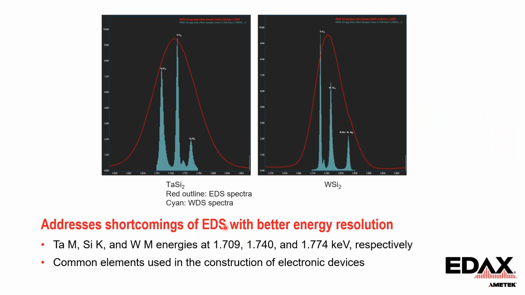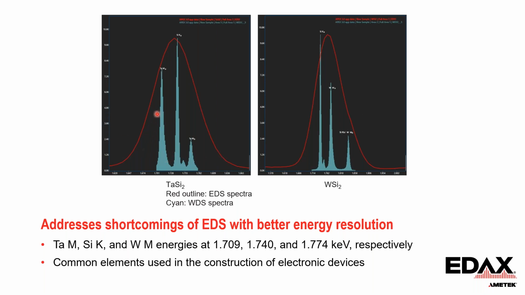This slide shows the platinum M, silicon K, and tungsten M overlaps. Those three energy lines are heavily overlapped, and those are common elements used in the construction of electronic devices.